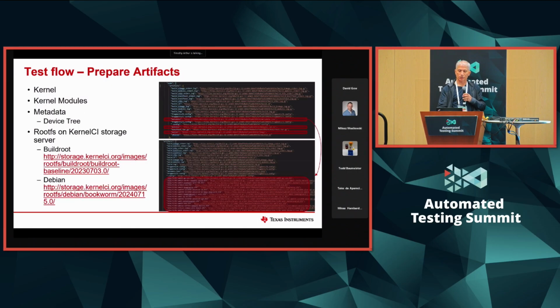Once we decide that this is what we want to test, we use the artifacts to configure our test, collecting the artifacts from that build. So we will take the kernel. All of this is still coming from the same JSON file that we received in the previous step. And we will also point to the modules. Device trees are a bit further away.